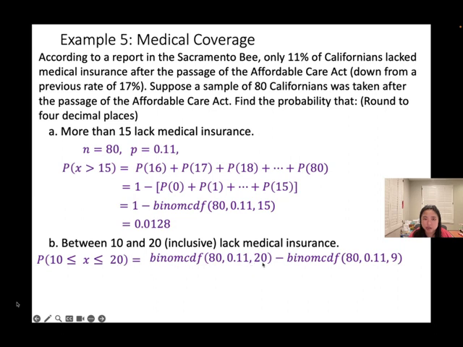This calculates the probability of P of 0, P of 1 until P of 10 and so on up to P of 20. But for the second one, you don't want to include the 10, because we already found the 10 from the first one. When you subtract, you want to take out P of 0 until P of 9. So the rest of them will be P of 10, P of 11 until P of 20.